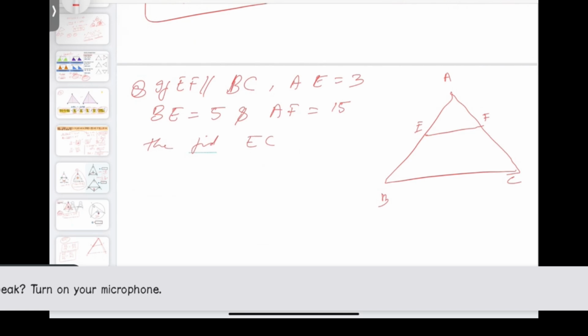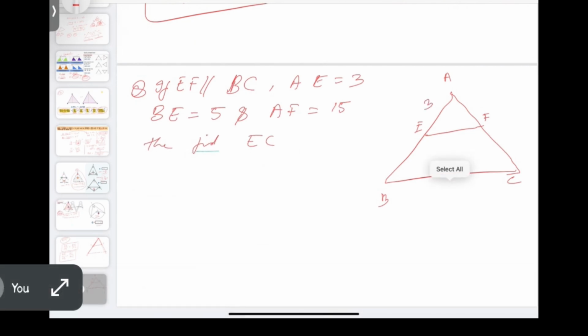In this question, AE is given as 3 and BE is given as 5 and AF is given as 15. We are asked to find this one.